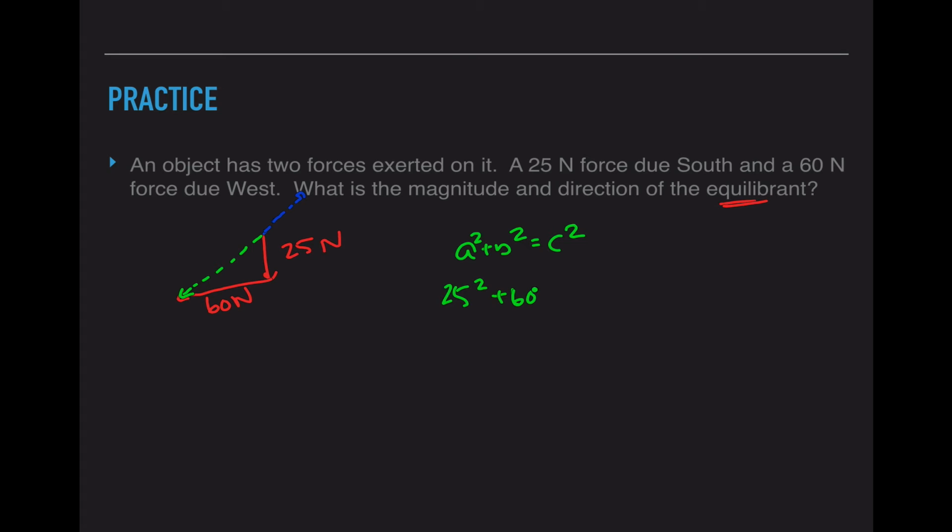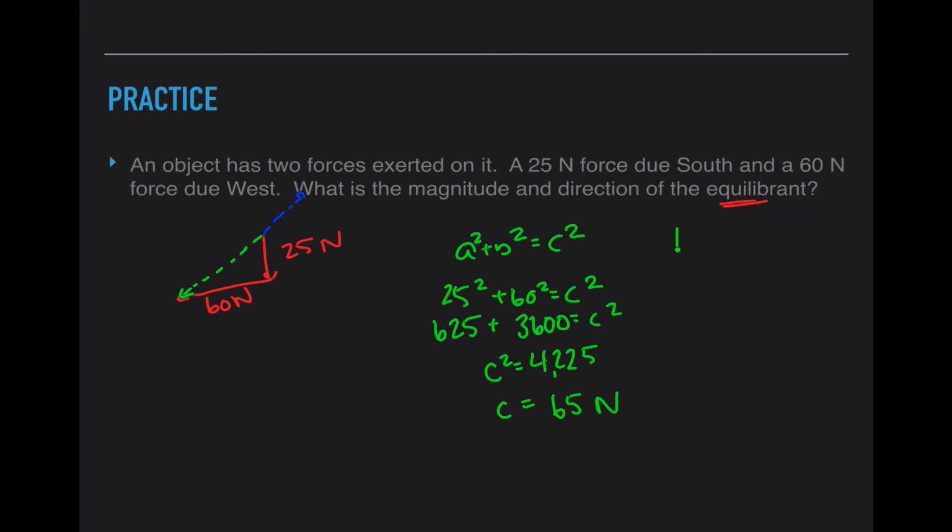25 squared plus 60 squared equals c squared. 625 plus 3600 equals c squared. C squared equals 4225, and c equals 65.